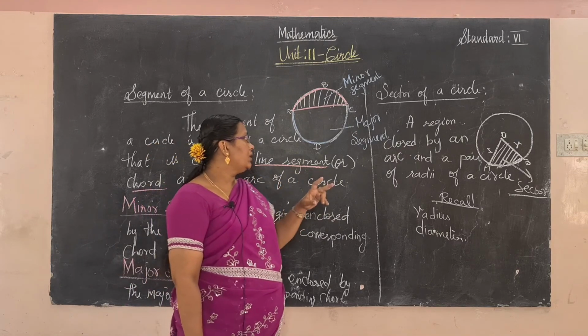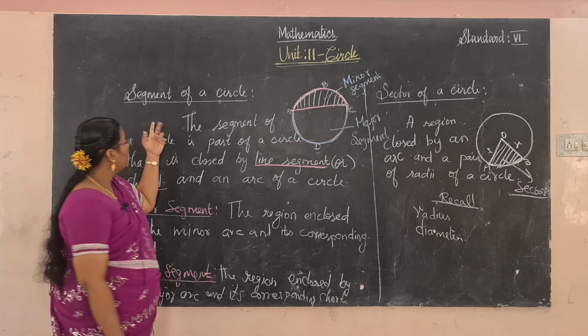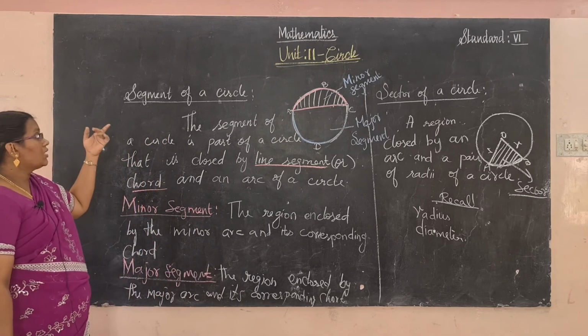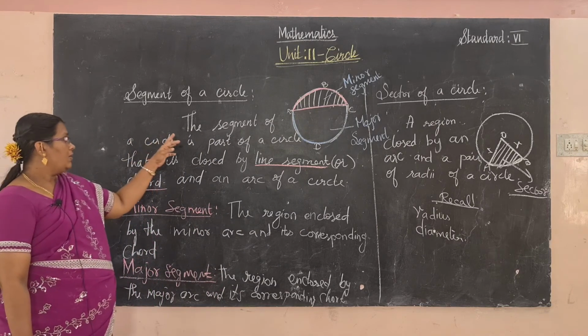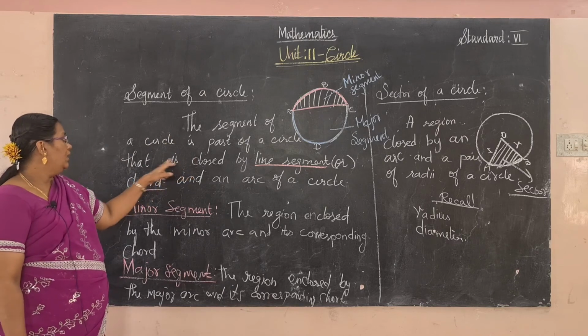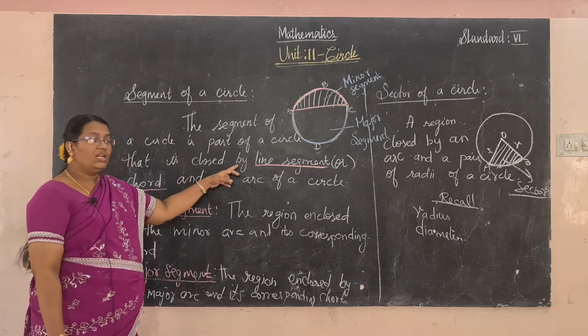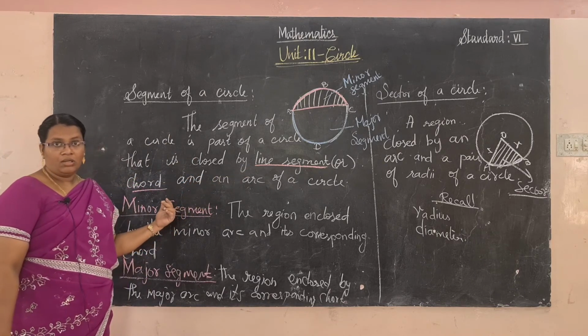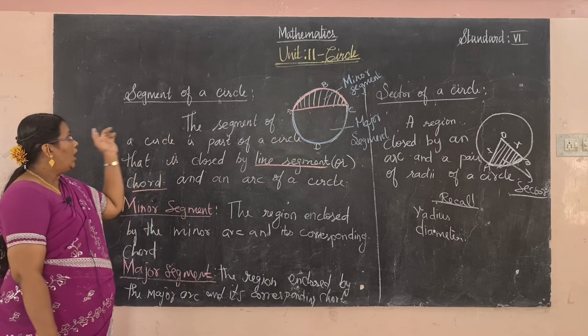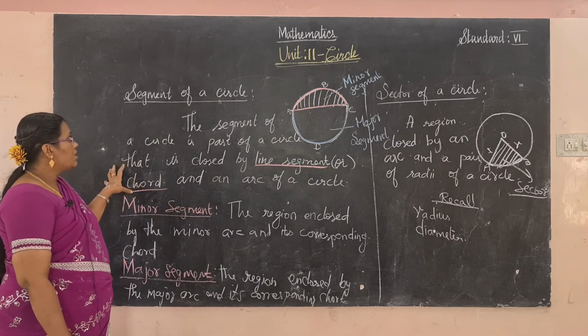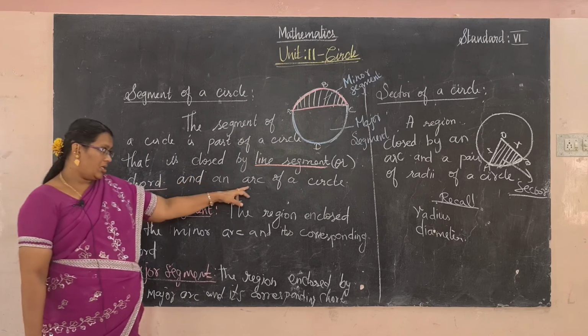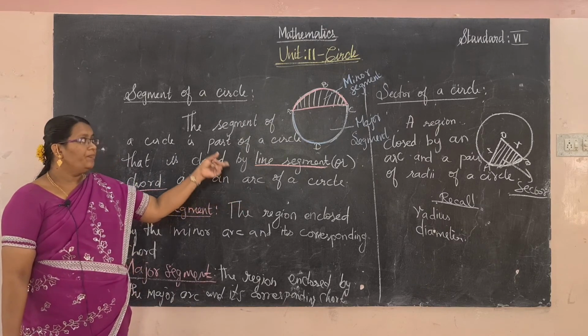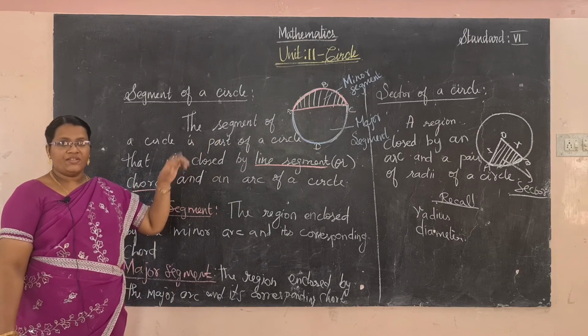We have also learned the segment of the circle, which also has two types. What is the relation between the segment of the circle and the arc of the circle? The segment of the circle is a part of the circle closed by the chord and also having the arc of the circle. The arc of the circle has only the arc part of the circle.